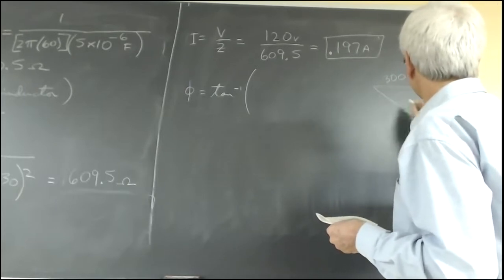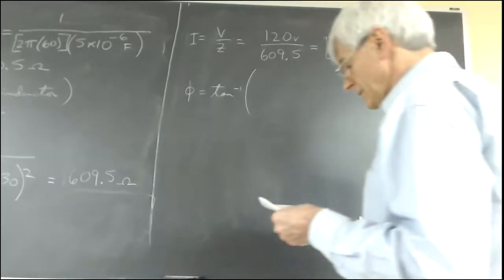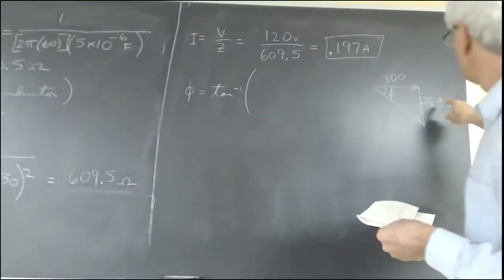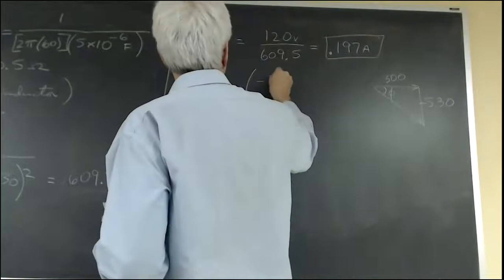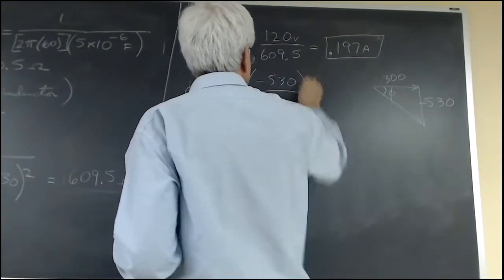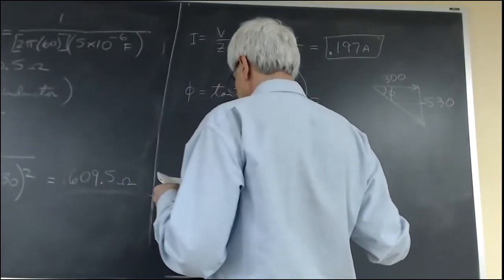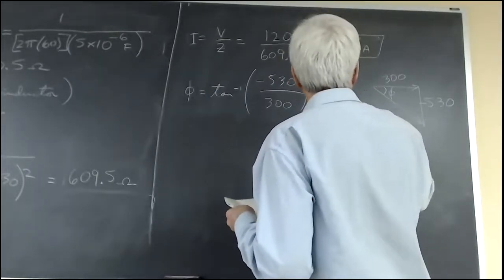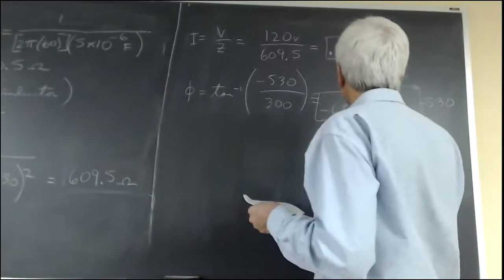And I'll put the minus sign on it, even though it's kind of redundant when I draw it that way. Inverse tangent of opposite over adjacent. Negative 60.5, not 65, degrees.